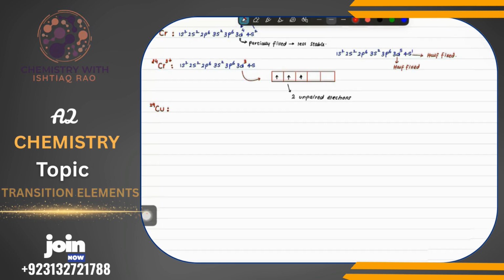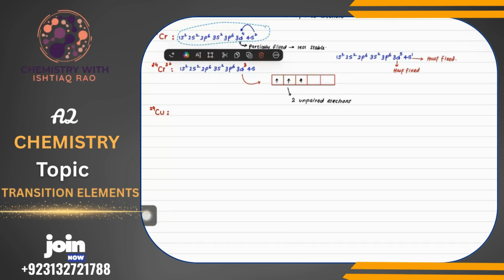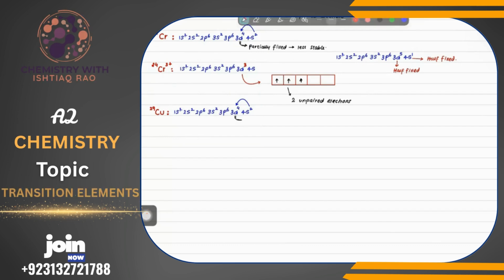Why is it one unpaired electron? Okay, let me see. First of all, the general configuration for copper is 3d9 and 4s2.